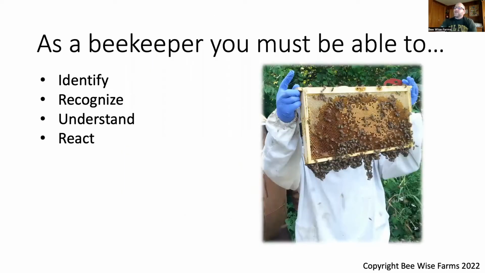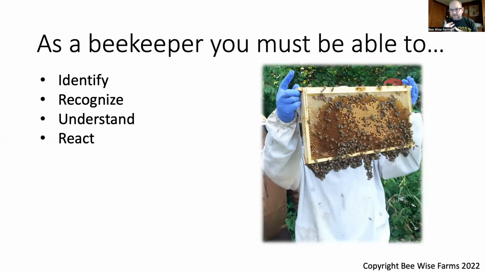All right, so your responsibility as a beekeeper is that you have to be able to identify, recognize, understand, and react to situations that you're going to be encountering in a beehive. All of this is very critical to the survival of your honeybees.